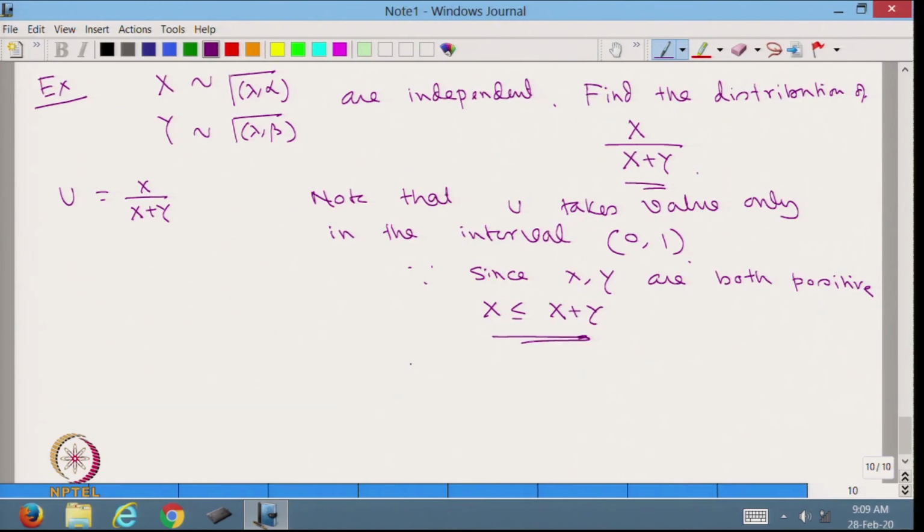Hence, this ratio x upon x plus y is between 0 to 1.